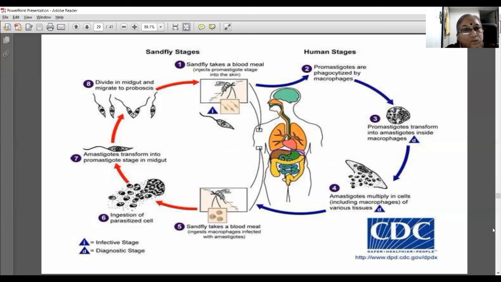Then these amastigotes transform into the promastigote stage in the midgut of the sandfly, and the promastigotes divide in the midgut and migrate to the proboscis, and again the cycle continues.